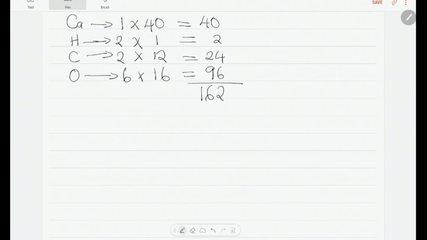An element is placed in a particular group depending on the number of electrons in the outermost shell. And an element is placed in a particular period depending on the number of shells that element has. So, why are magnesium, calcium, and barium placed in group 2? Simple. Number of electrons in the outermost shell.